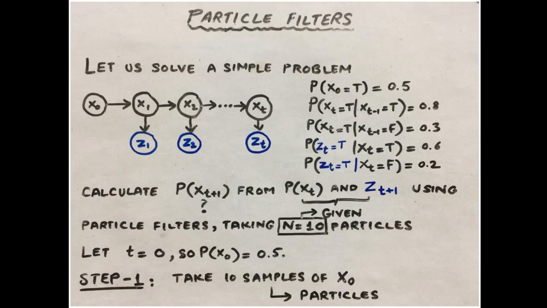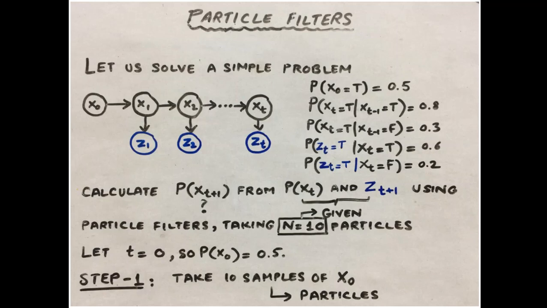There's an arrow from x1 to z1 because the sensor is actually measuring the state of the system. In this construction, our job is to calculate the probability of the state variable at time t plus 1 from the probability of the state variable x at time t, as well as the new sensor information that has just arrived, zt plus 1, and we're going to use particle filters.